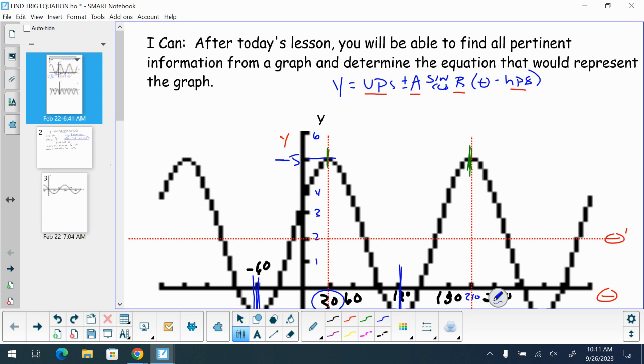The easiest one to work with here is when I start at a peak. When I start at a peak, what trig function do we have? And is it positive or negative when I start at a peak? Zoe, what trig function are we dealing with if I start at a peak? Cosine. Is it positive or negative? Positive. It's a positive cosine.